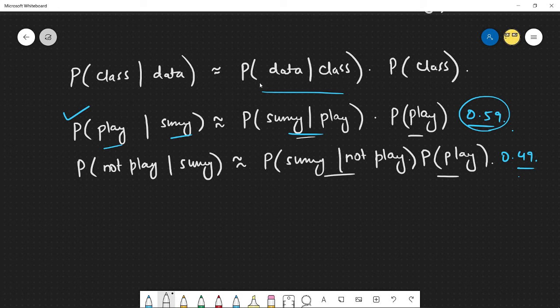In that case, this whole thing is going to turn into a giant joint probability again. So I'm going to rewrite this, and it's going to look like the probability that it was sunny, and jointly, that it was windy, and that the humidity was high, given that I play tennis.